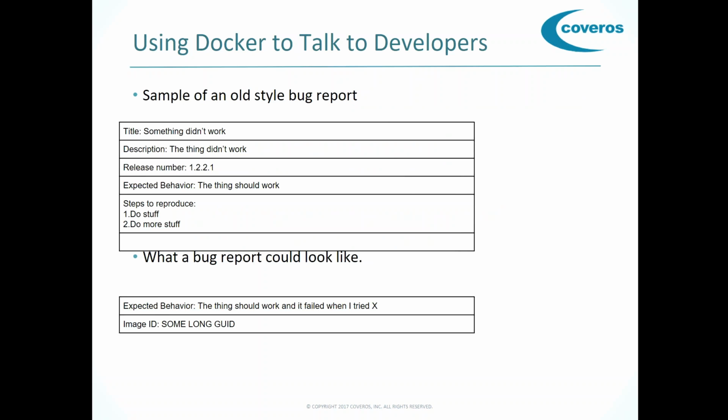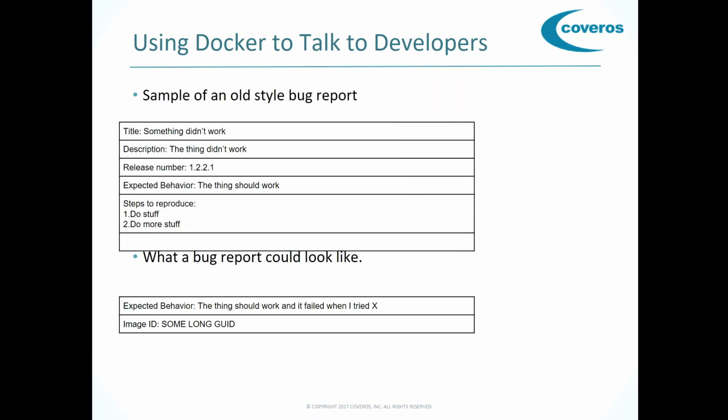So since this was a testing conference, I was trying to get into what the direct effect of this was going to be on the testers. And one of those things is that you have a change in the bug report. Instead of creating a really complicated bug report, you can have a much simpler bug report that references the Docker container.